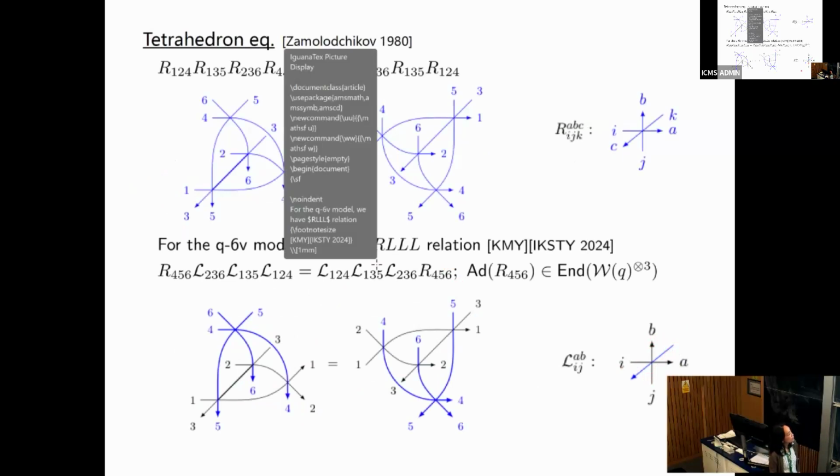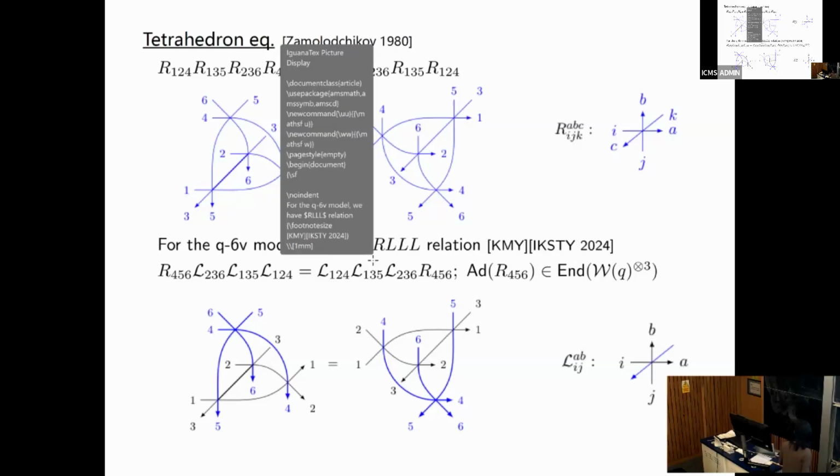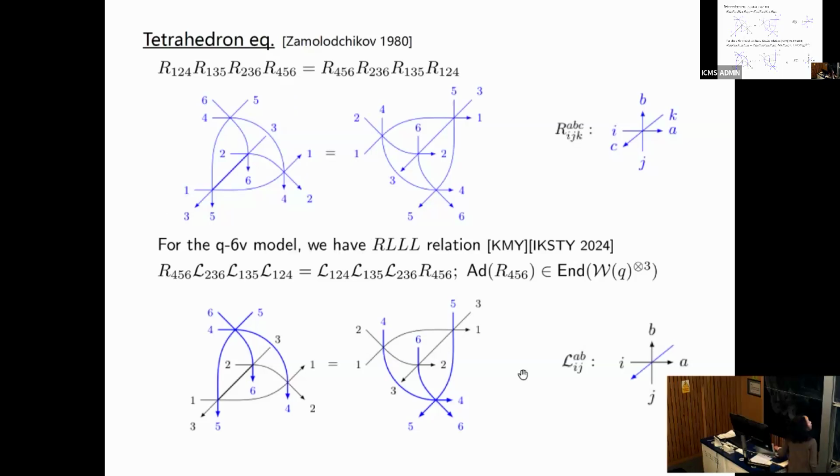With this picture, we have three L's here, and this corresponds to this one: L1 to L236, L135, L124. And we put this operator R acting on the product of three q-oscillator algebras.